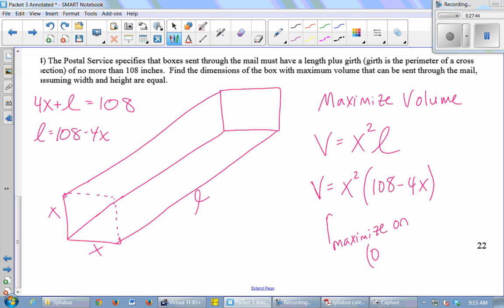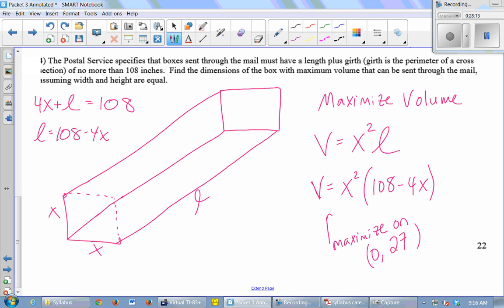But so I'll make it a round bracket and say you can approach that, but you can't actually make it that. So what's 108 divided by 4? 27. So 0 to 27, open brackets, because if you choose either of these endpoints, your volume will be 0, which doesn't make any sense because we want to maximize volume.